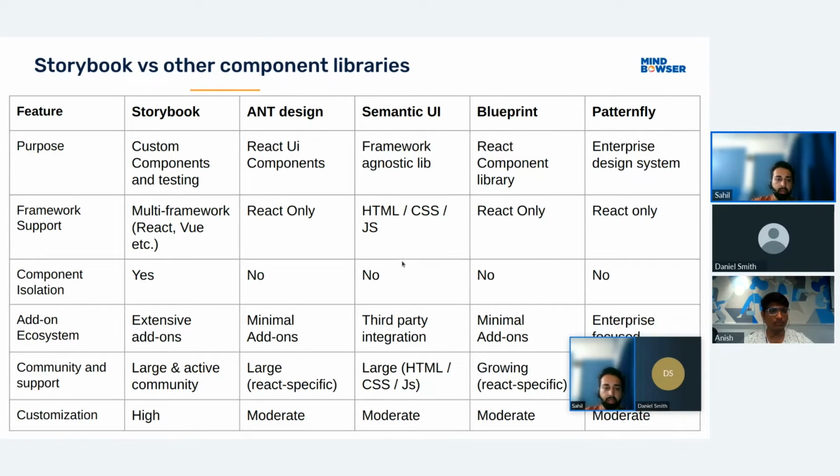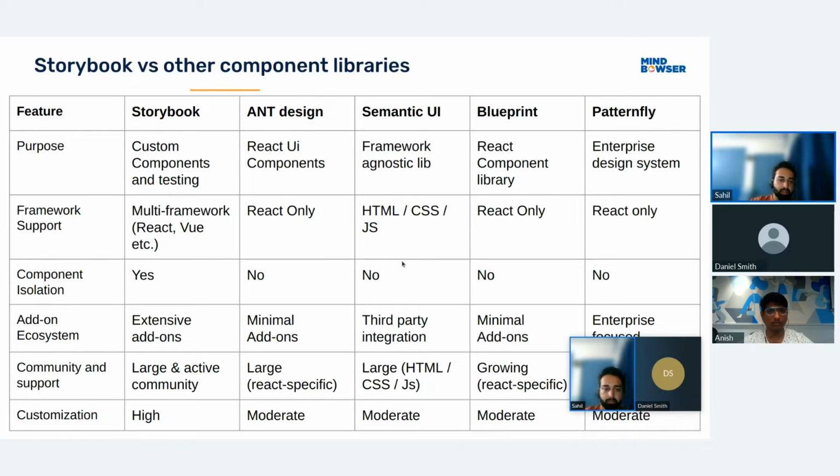Component isolation: yes, Storybook supports full component isolation, allowing components to be developed and tested independently without the rest of the application, whereas the others do not have any support for component isolation.